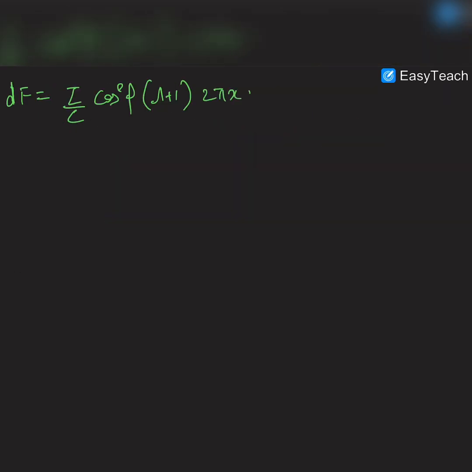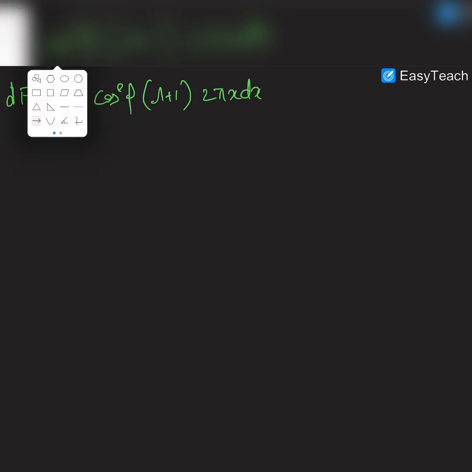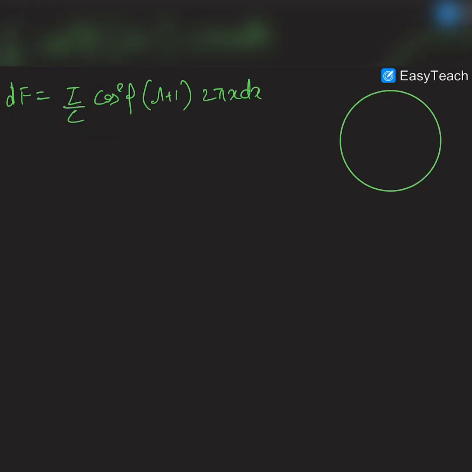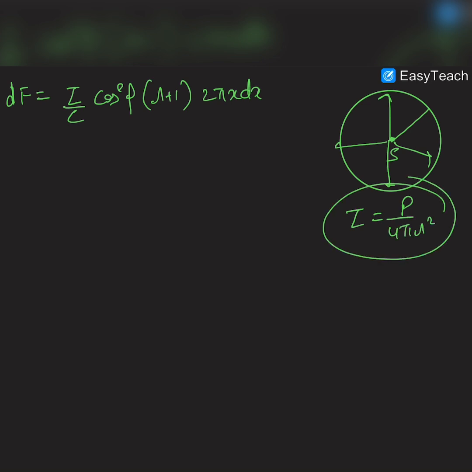Now we know that a point source emits a spherical wavefront. So due to a point source, the intensity at a distance of r is P by 4 pi r square, where P is the power emitted by the source and r is the radius of this spherical wavefront.